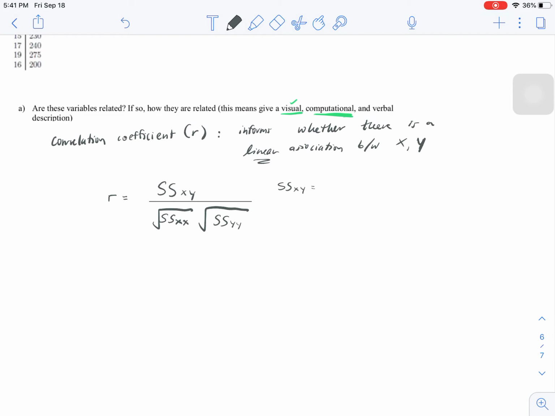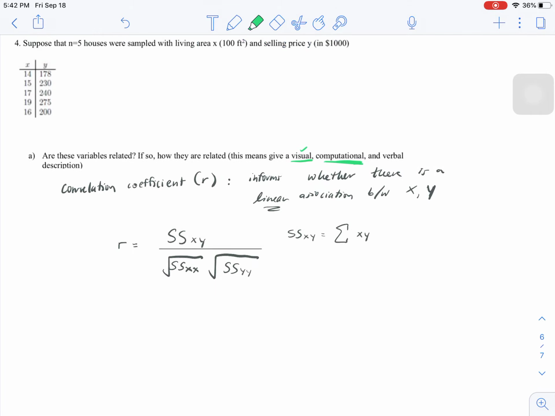So our formula for calculating the sum of squares for x and y is we take for each xy pair, multiply the x and y value, and then add all those products up, and then subtract the sum of all the x values times the sum of all the y values divided by our total sample size.